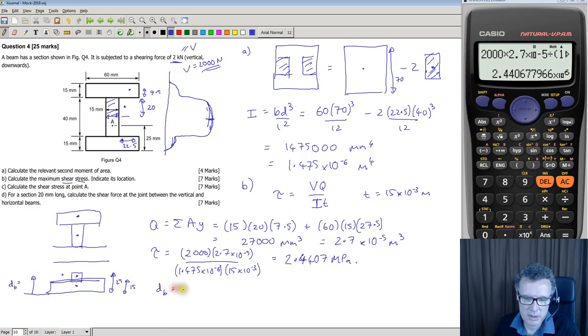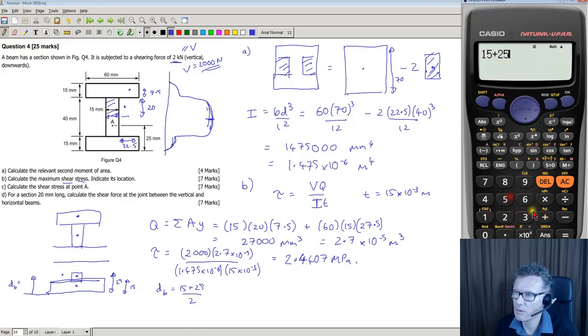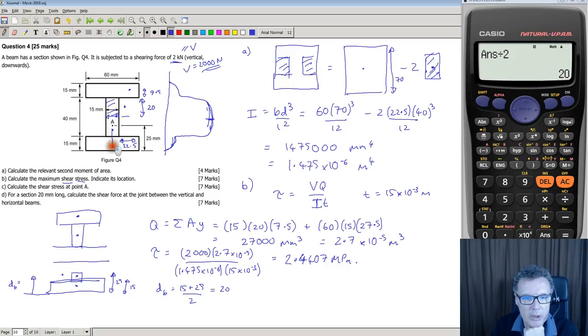Distance from base is 15 plus 25 divided by 2. So that's 20. So the centroid is about here, from here, and it's 20.